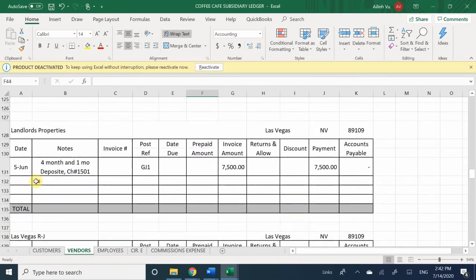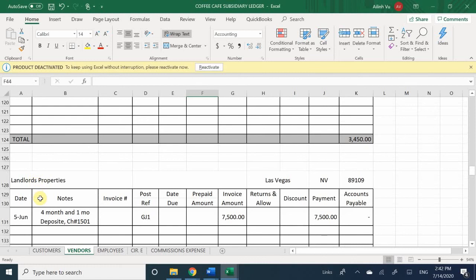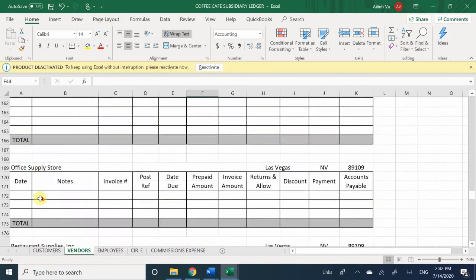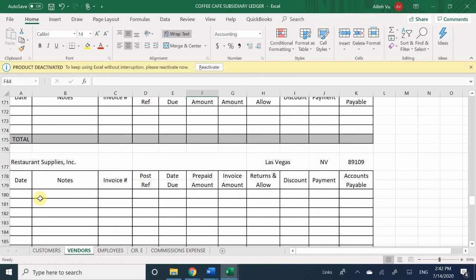So we definitely want to record this, in case we need to return it and get a refund. So restaurant supplies, on page 9. Okay, 614. For notes, I'm going to say 1,000 medium and 1,000 large cups.